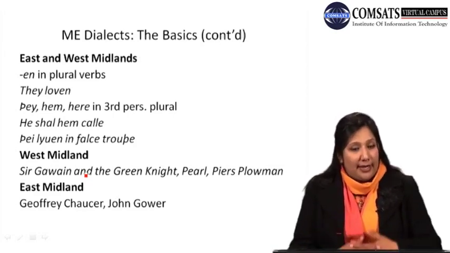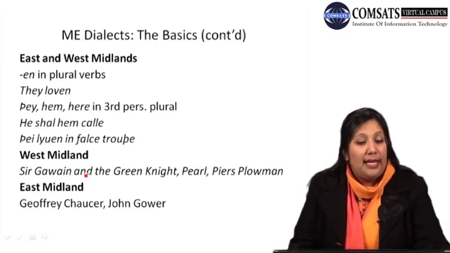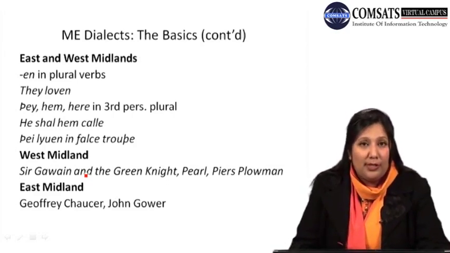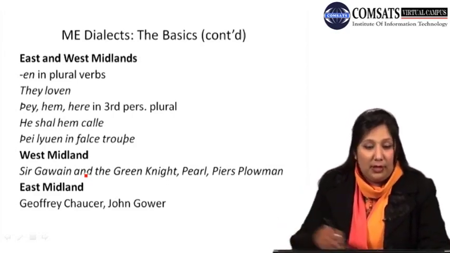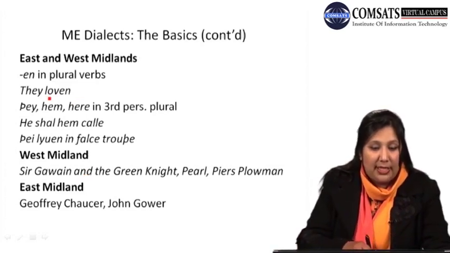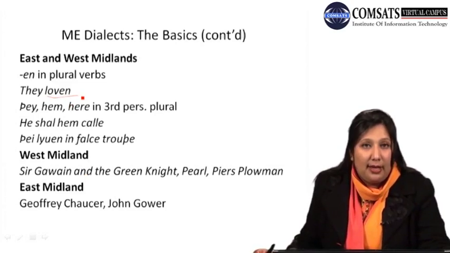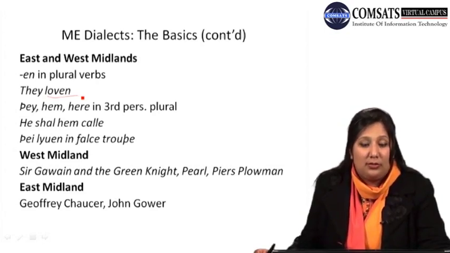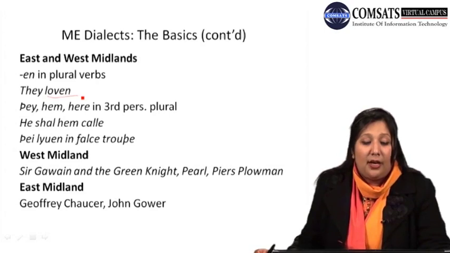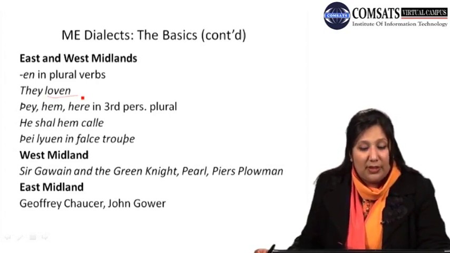The first is n. In the plural verbs, they leaven. In the plural verbs there was a characteristic that it was used as leaven. They leaven, the n means they love. They ham here in the third person plural. He shall ham call.